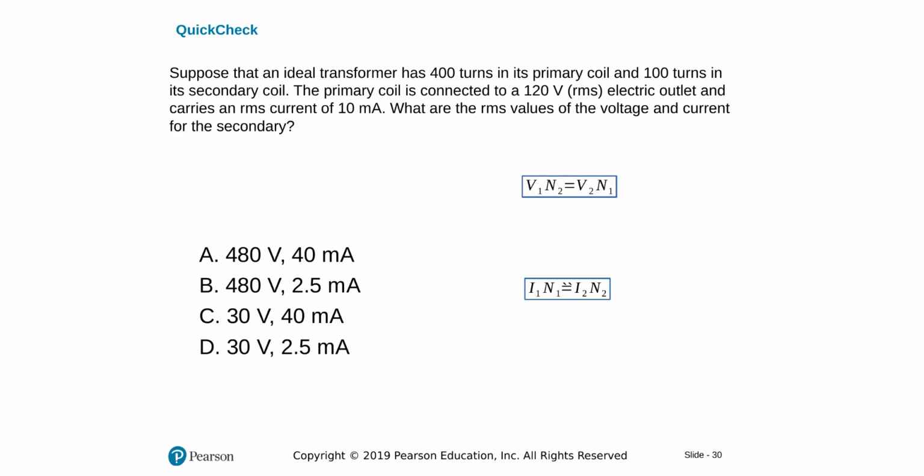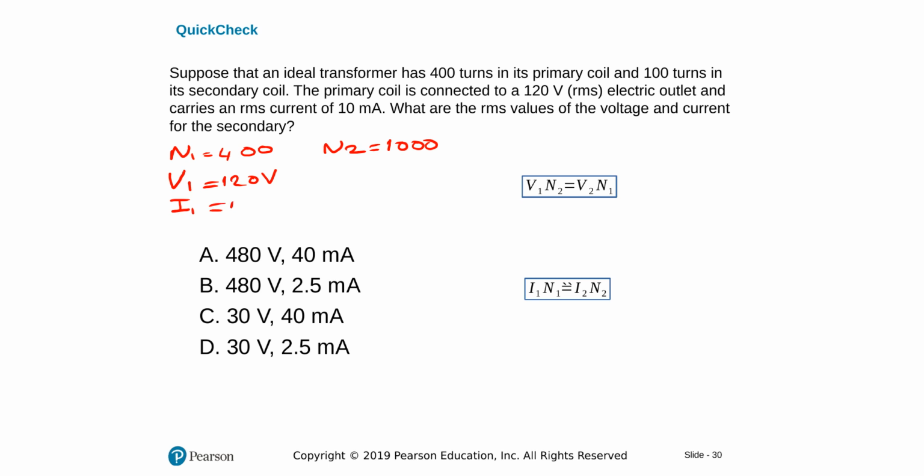Suppose that an ideal transformer has 400 turns in its primary coil. Stop and write down: N1 is equal to 400. And 100 turns in the secondary, so N2 is equal to 100. The primary coil is connected to a 120 volt RMS electric outlet, so V1 is 120 volt, and carries an RMS current of 10 milliampere.